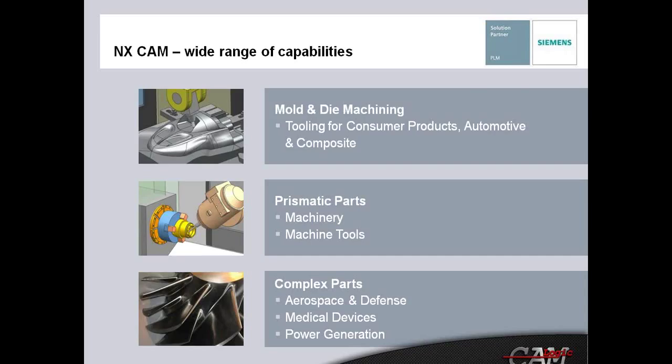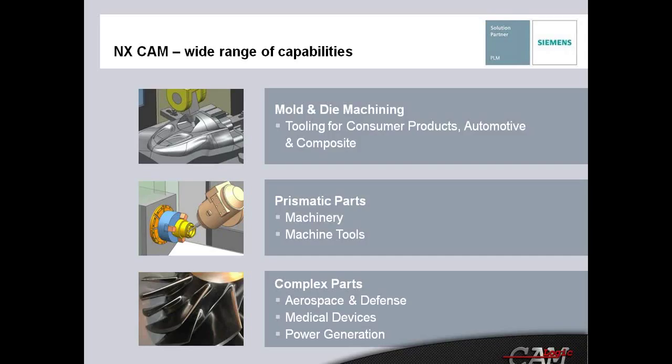NXCAM is one of the leading NC programming systems. It provides a wide range of machining capability. Today we're going to be primarily focusing on mold and die machining, which requires special capabilities in machining hard tool steels. Another area where NXCAM is extremely strong is machinery and equipment manufacturers, who often have prismatic parts suited for automated programming.